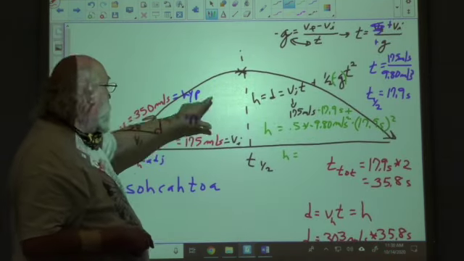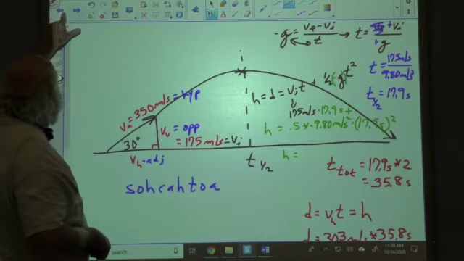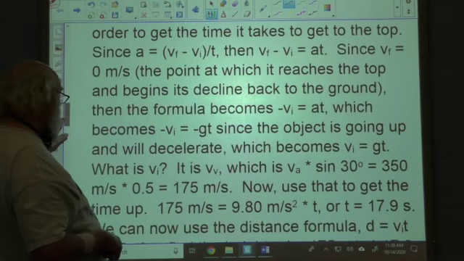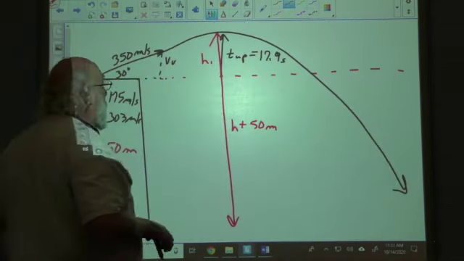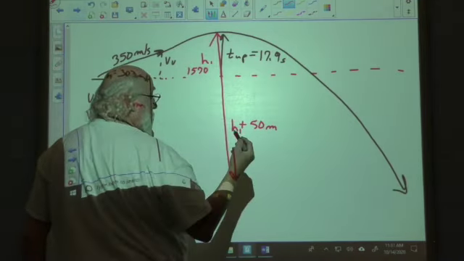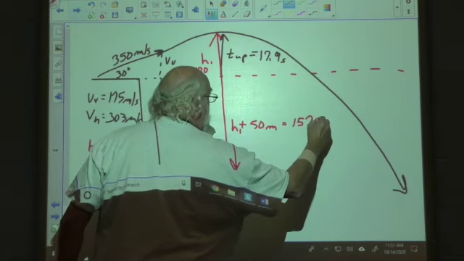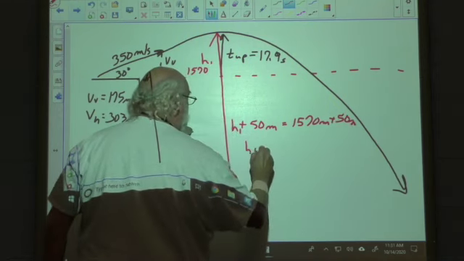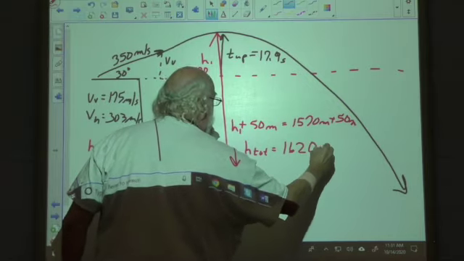We said that height reached, oh, I didn't put it there because I cheated, didn't I? We said that height was 1,570 meters. So the total height is H1 plus 50, which is equal to 1,570 meters plus 50 meters. So the total height is going to be 1,620 meters.